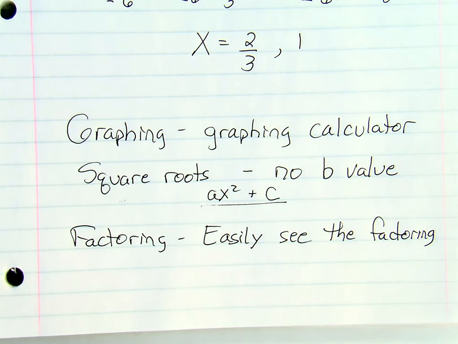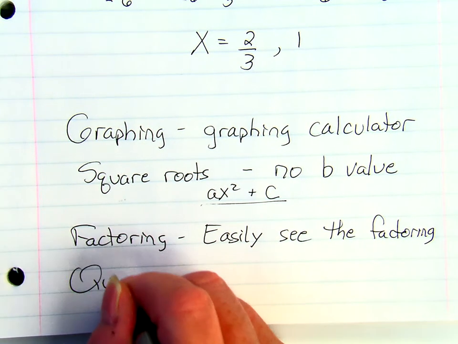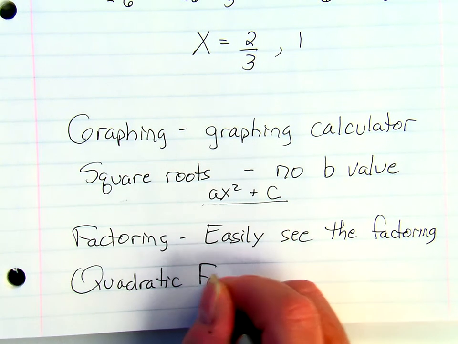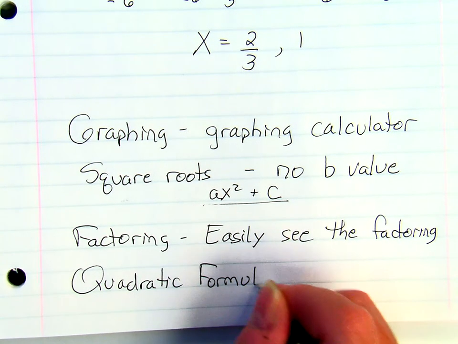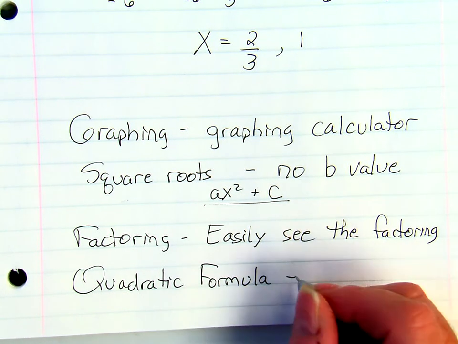There is another method that we haven't really talked about, which is completing the square. For myself, I would rather just go ahead and use the quadratic formula. The quadratic formula for anything that is not easily factored.